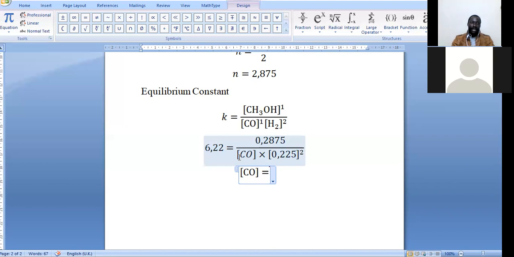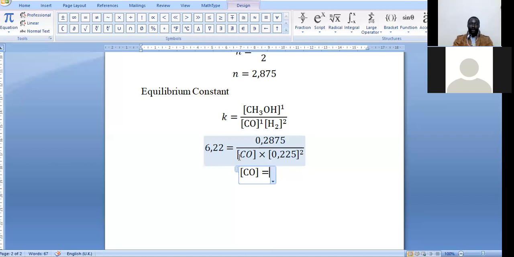This one here, you again multiply by 0.225, which you have to square. So, I'm going to wait for your answer, guys.